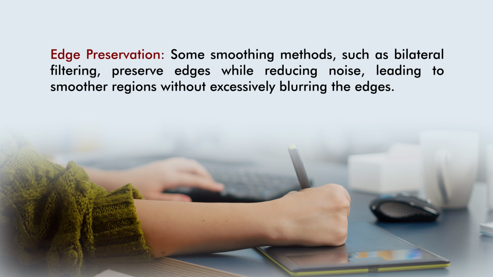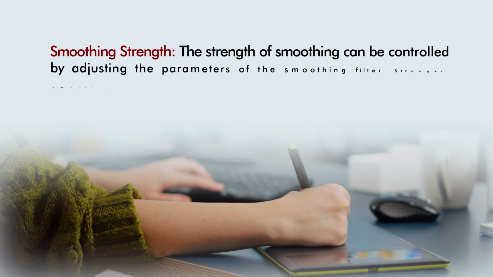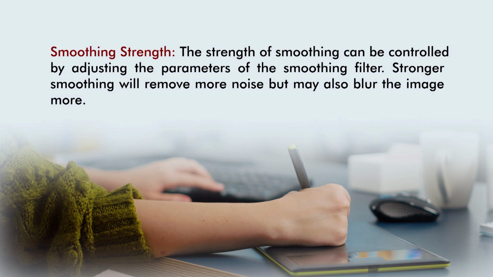Next one is edge preservation. Some smoothing methods, such as bilateral filtering, preserve edges while reducing noise, leading to smoother regions without excessively blurring the edges. Then next is smoothing strength. The strength of smoothing can be controlled by adjusting the parameters of the smoothing filter. Stronger smoothing will remove more noise but may also blur the image more.